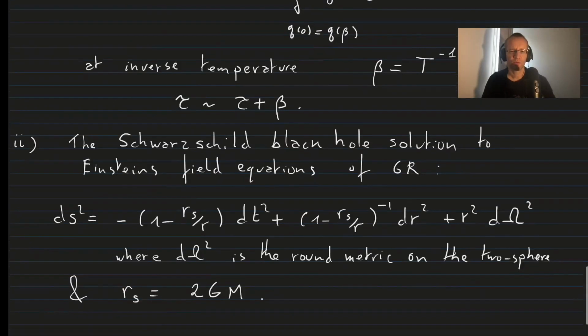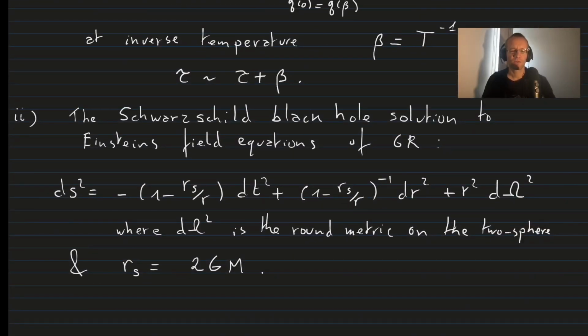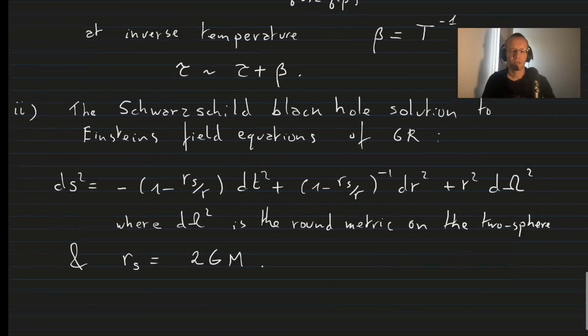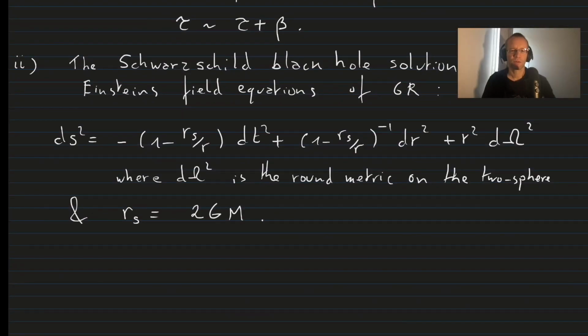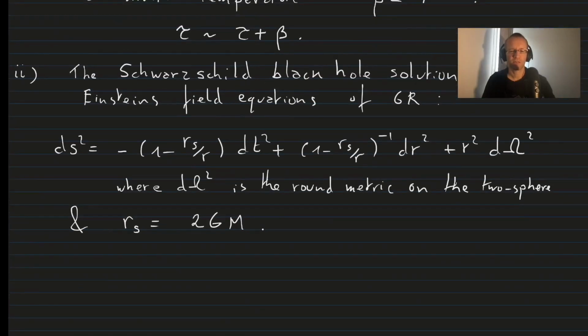The second thing I'll suppose known is that the Schwarzschild black hole solution is a solution to Einstein's field equations of general relativity. And the metric has the form written there, where a constant is introduced, a radius, Rs, which is called the Schwarzschild radius, which is equal to 2 times the Newton coupling G times the mass of the object that sits at the center of this spherically symmetric solution.